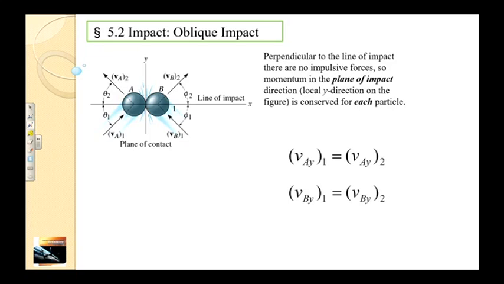So whatever my momentum is before is equal to my momentum afterwards. And you can obviously just cancel the mass if the masses don't change. And you say that the velocity before is equal to the velocity after the impact for A, and the same thing would hold for B, particle B.